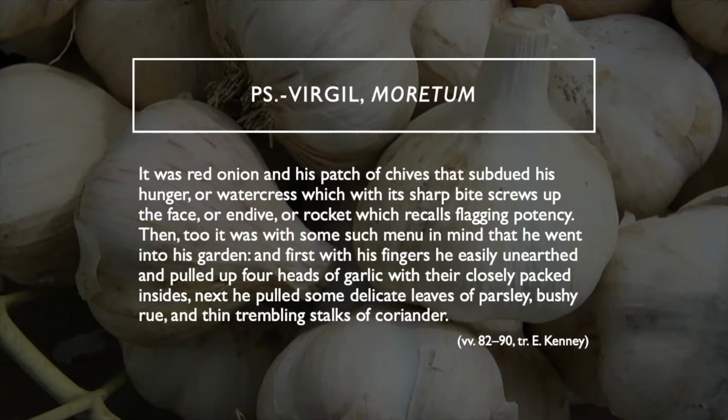The high garlic content and its potential for creating dragon breath do mark a difference from the seemingly more refined versions of the Moretum absolutely everywhere else. Right? So for instance, there is a Moretum recipe in Apicius's cookbook, which includes a lot of vegetables, but no garlic.